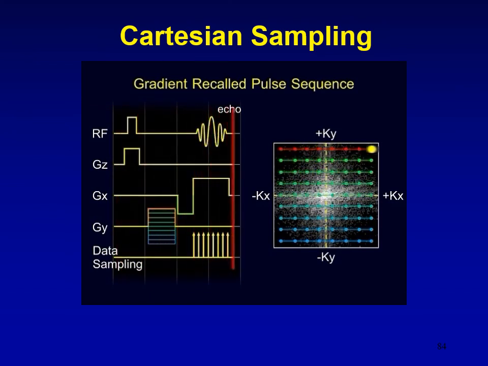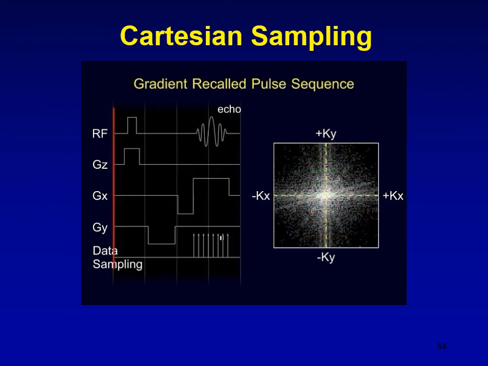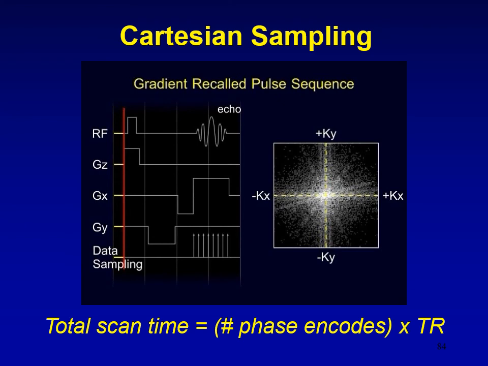This is by far the most frequently used method of data collection and filling of k-space. And the total scan time is equal to the number of phase encodes multiplied by the time interval between the phase encodes, which is called the repetition time.